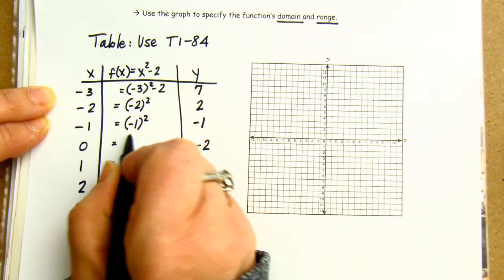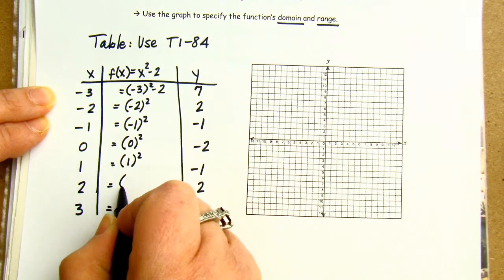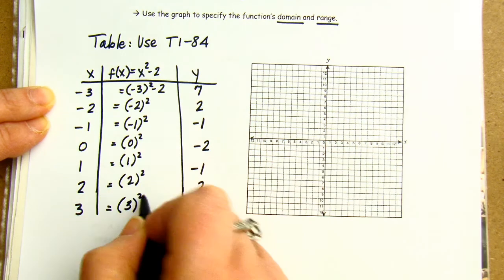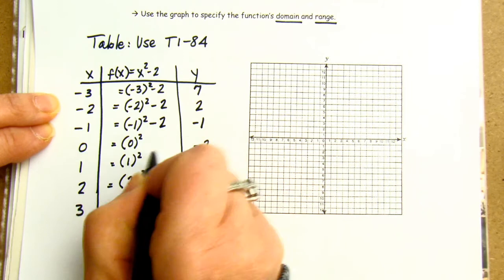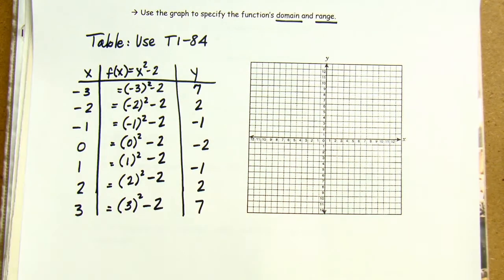Doesn't take that long to set up. And this is what you would be doing if you do not have a calculator. And then you can check this. You can check your y's.